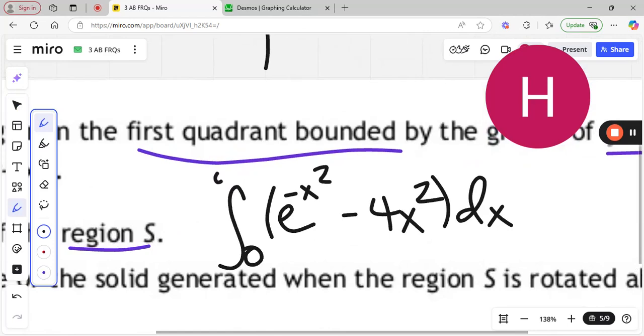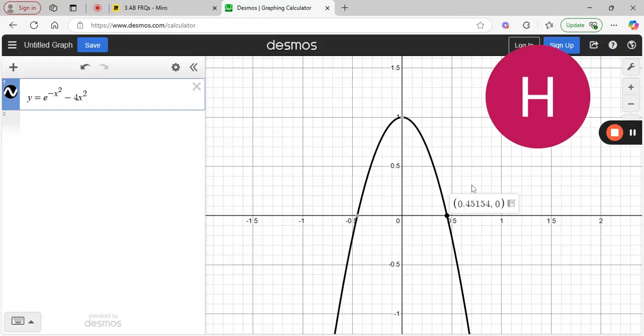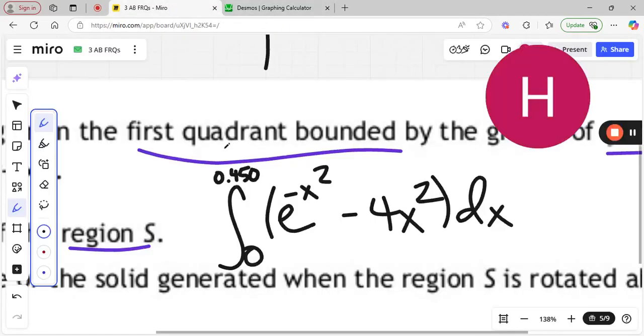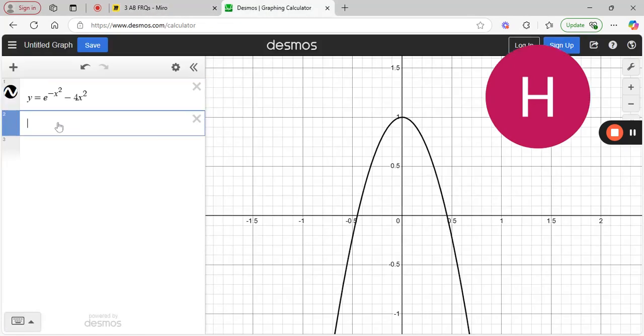Let's see, this is going to be 0.45. Did it round up? I should have paid attention to that. 452. Yeah, what am I doing? I rounded down extra. Okay, 0.452. And then we're going to evaluate this with the calculator as well. So I might as well use the exact answer from 0 to 0.4515, was it?